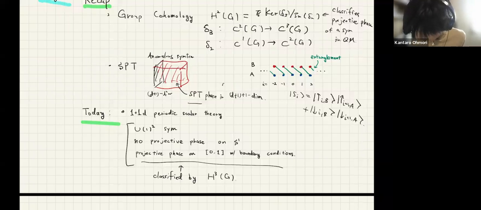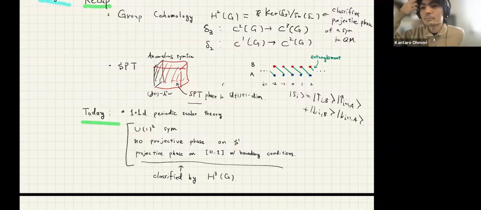This system has a U1 squared symmetry, namely the momentum and winding symmetries, as we will see, and this U1 squared symmetry acts nicely on the Hilbert space quantized on a circle. There's no projective phase.